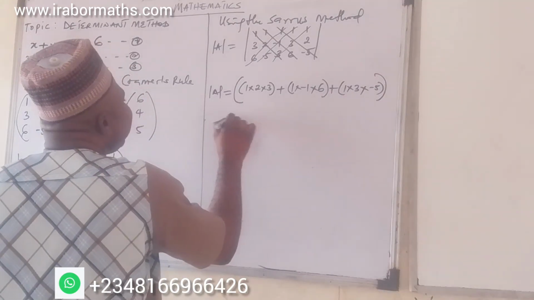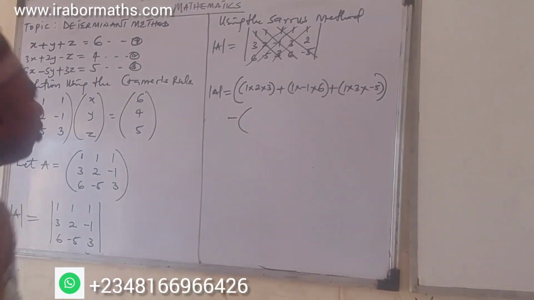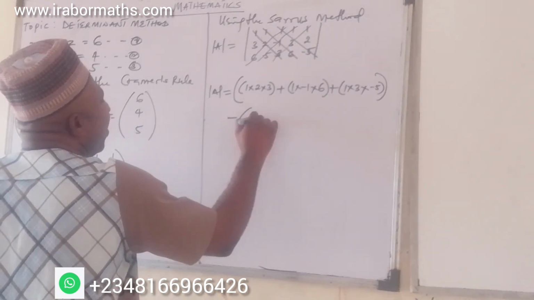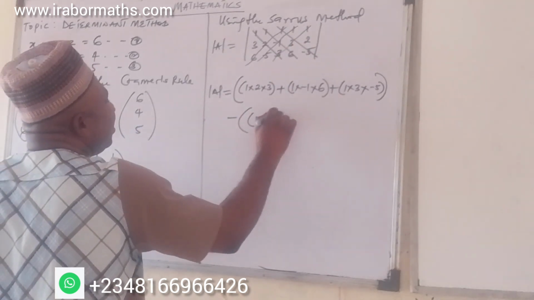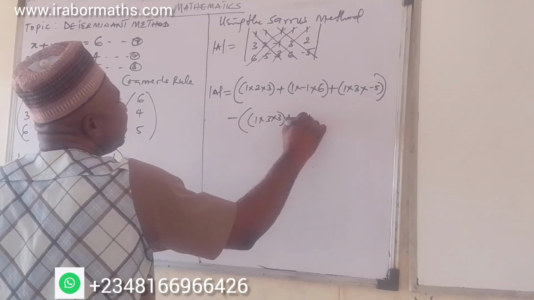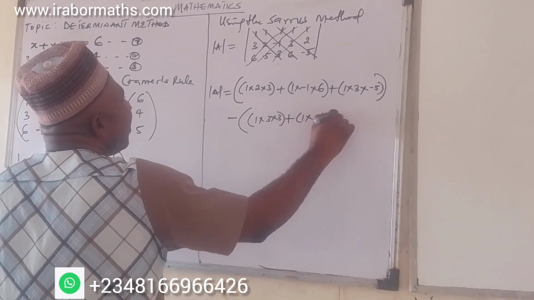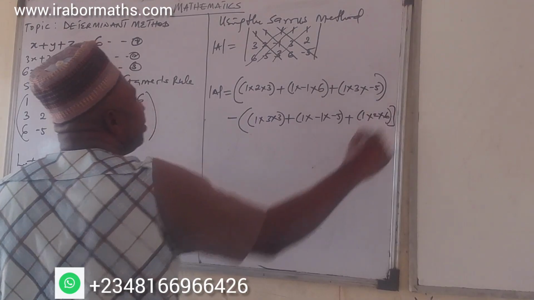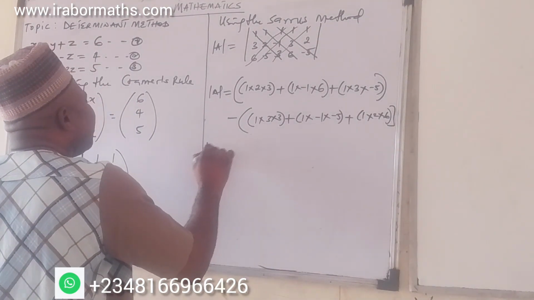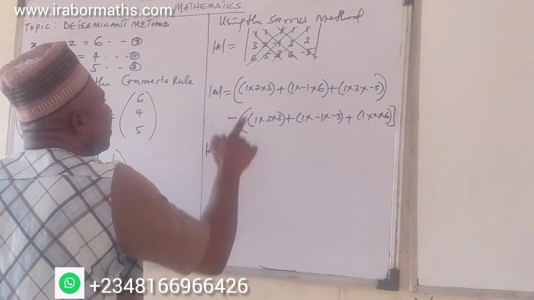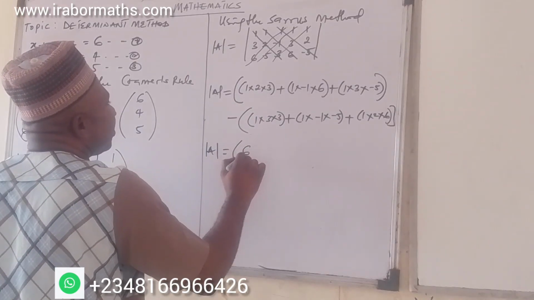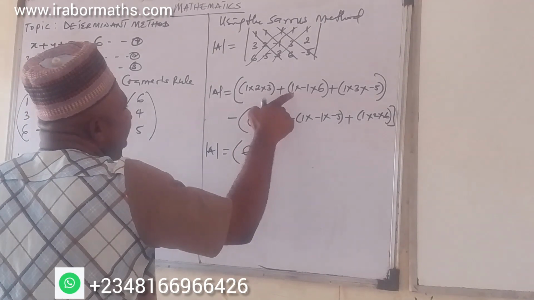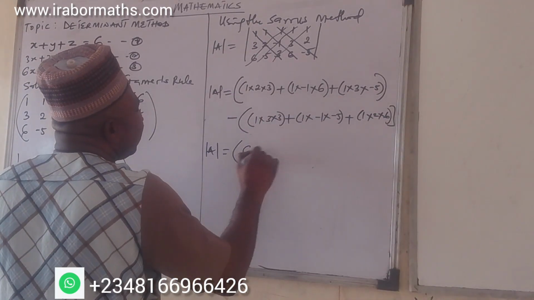Then less the secondary or minor diagonal: 1 times 3 times 3, plus 1 times minus 1 times minus 5, plus 1 times 2 times 6. Take notes. So the determinant of A will be equal to 1 times 2 times 3, that will be 6, then plus 1 times minus 1 times 6, that's minus 6.